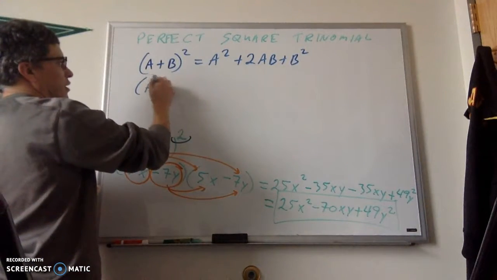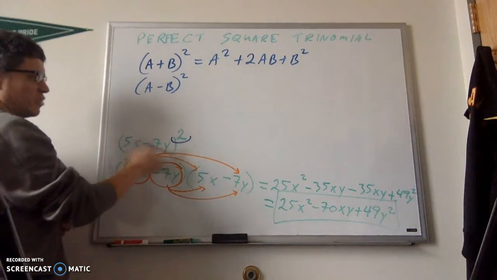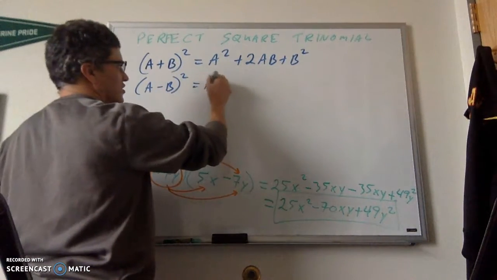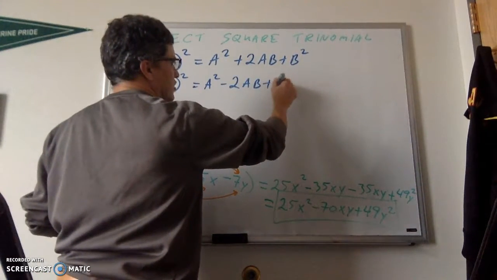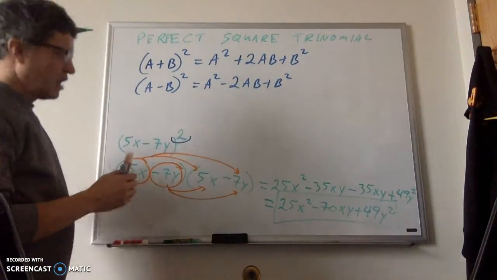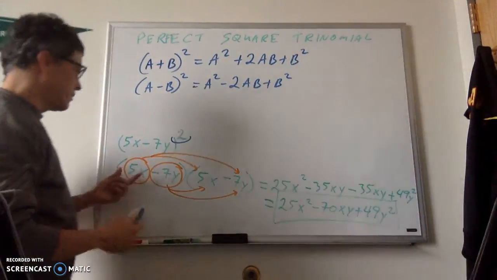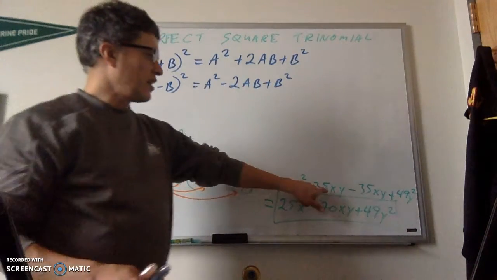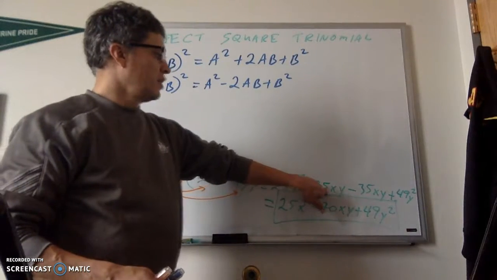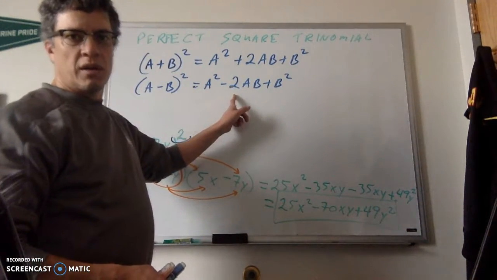Its negative counterpart, a minus b quantity squared, and that's what we're seeing here, looks like this: a squared minus 2ab plus b squared. And where the 2ab comes from is a and b multiplied together, right? 5x times 7y. That was the 35xy, right? But notice it happens twice there. That's why you have the 2.